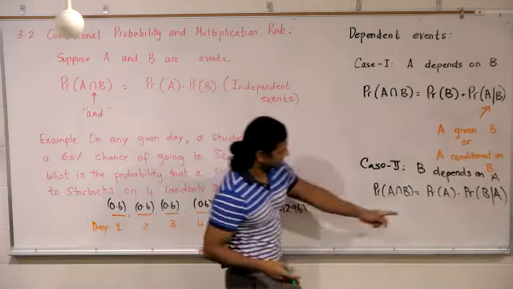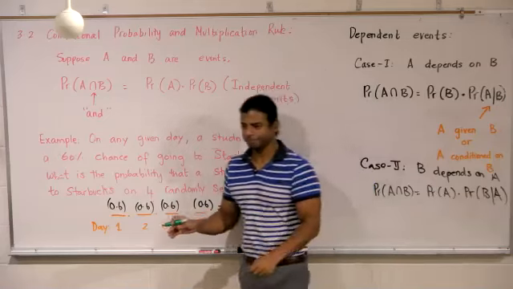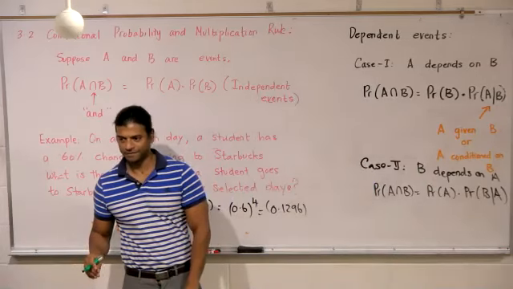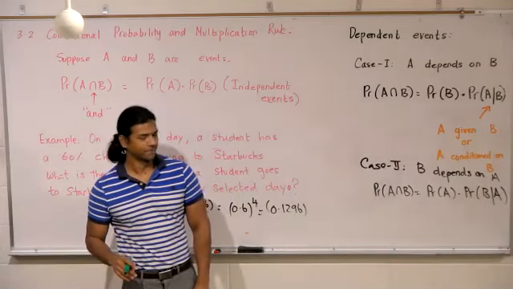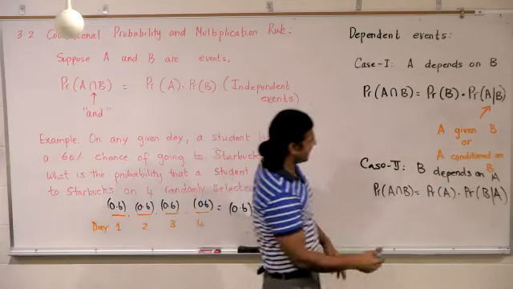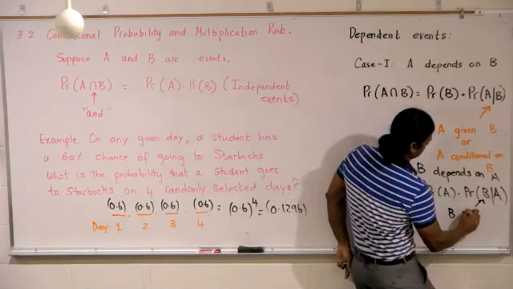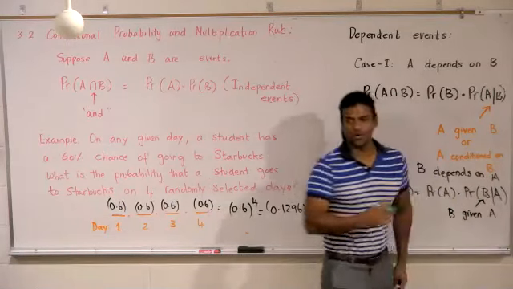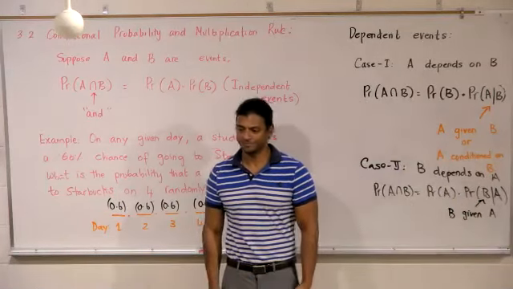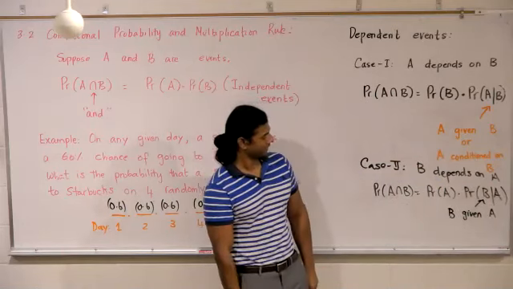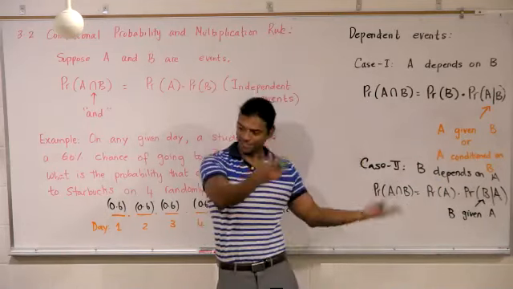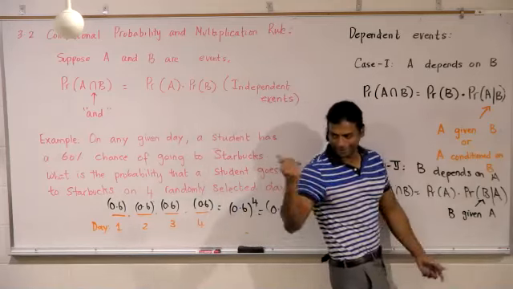What does it mean? B comes after. B given A. B can't happen without it, or B is conditioned on A. You're right, Sue.